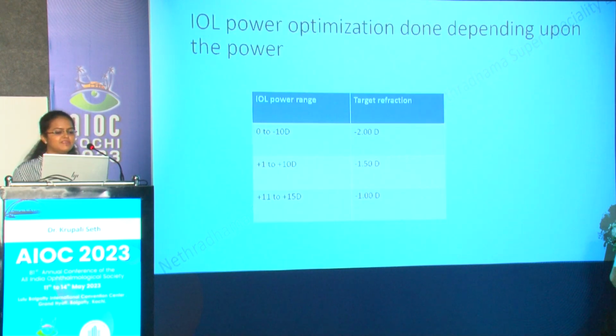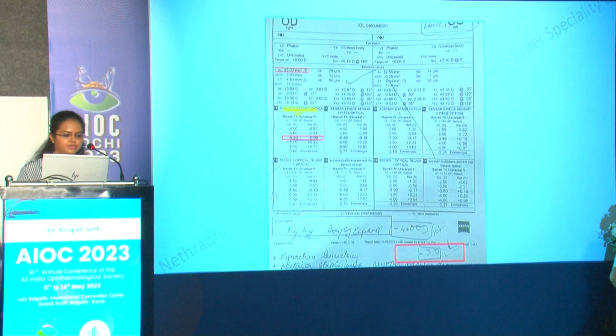IOL power optimization was done depending upon the IOL power obtained. If the IOL power is between 0 to -10 diopters, the target refraction was kept as -2 diopters. If the IOL power is in the range of +1 to +10, the target refraction was kept as -1.5 diopters, and anywhere above 11 it was kept as -1 diopter.